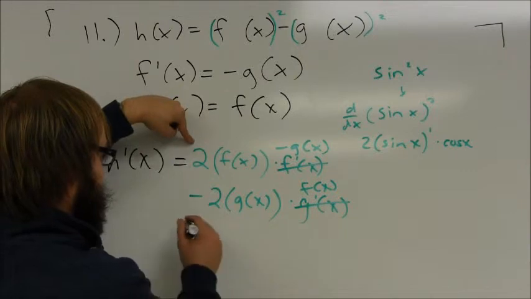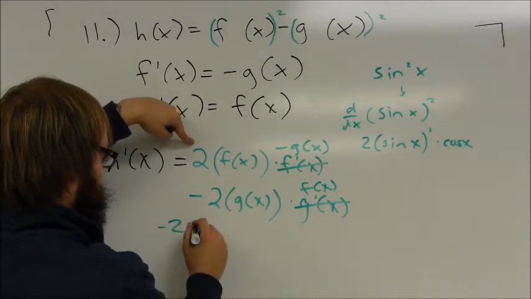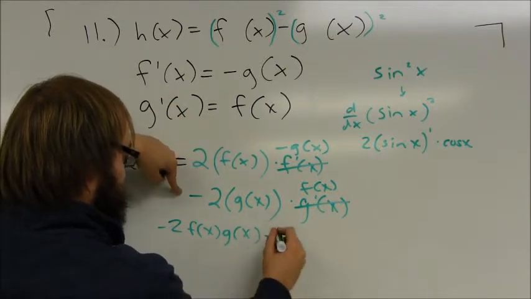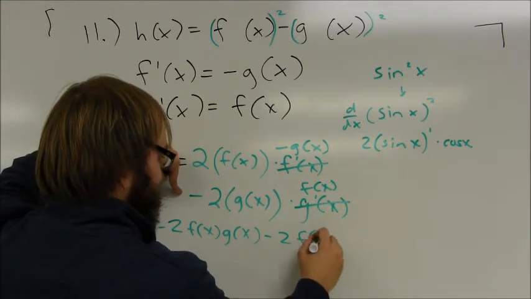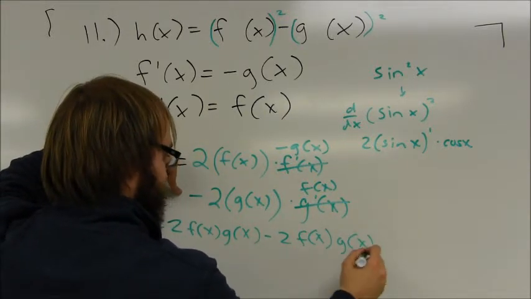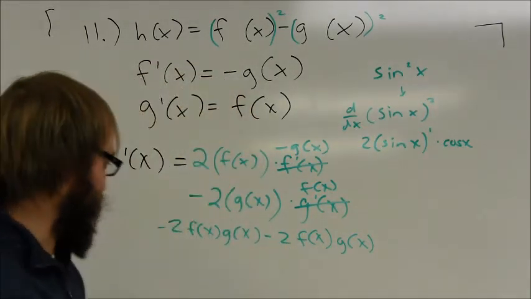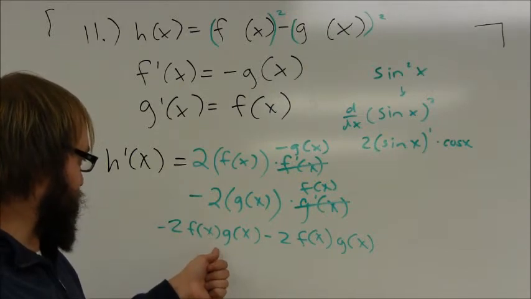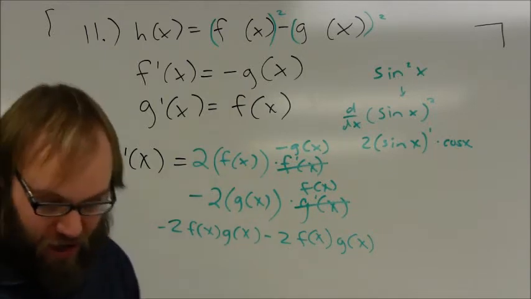Okay, so what am I going to get here? I'm going to get a negative 2 f of x, g of x, minus 2, I'm going to change the order here, commutative property, f of x, g of x. I thought, hey, I can factor out a GCF and all of that, and then I realized, oh, wait a second. I literally have a value, and then I'm subtracting that same value.